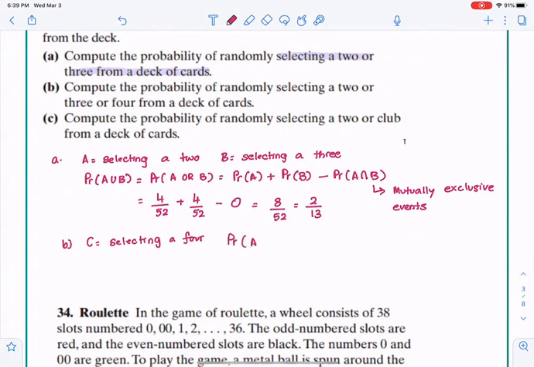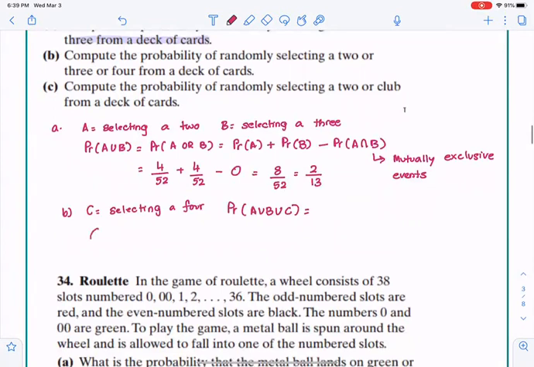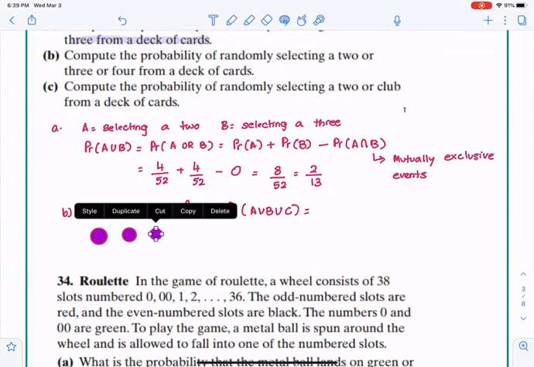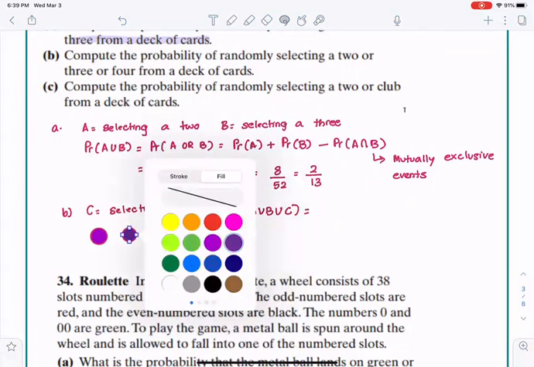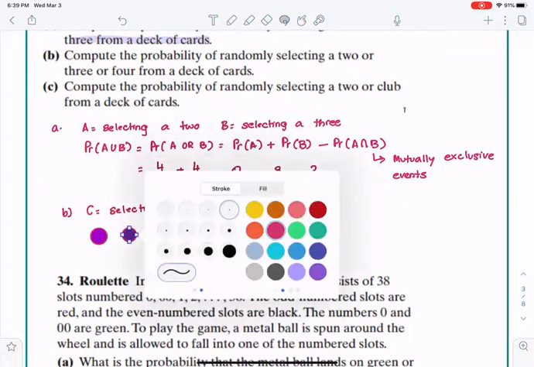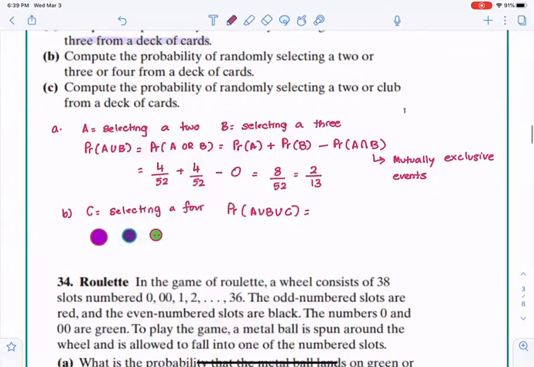And we're trying to find the probability of A union B union C. And keep in mind, A, B, and C are all disjoint.